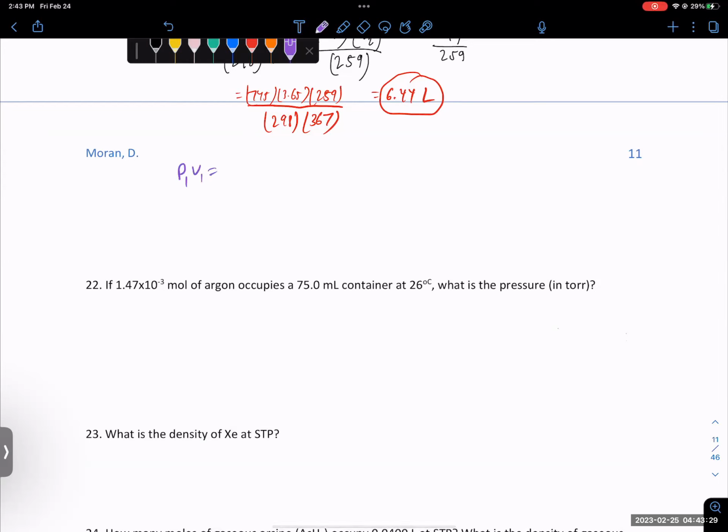So P1 V1 equals P2 V2. That's Boyle's law. Then we have V1 over T1 equals V2 over T2. Whose law is that? Without looking at your notes.